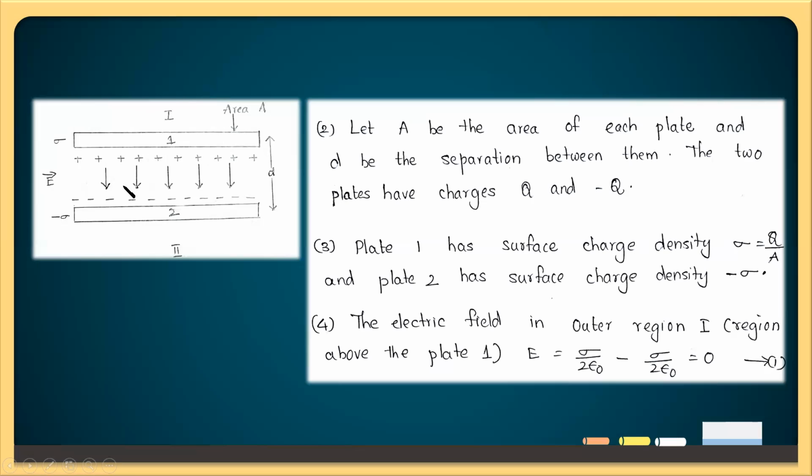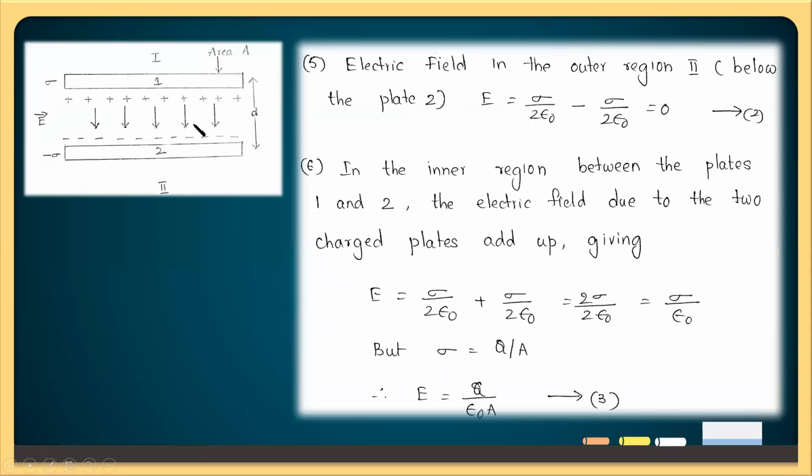The two plates are very close to each other, with a distance between them of the order of a millimeter. At the same time, there is the effect of the negative charge on the second plate. For the negative charge, the electric field is always inwards.